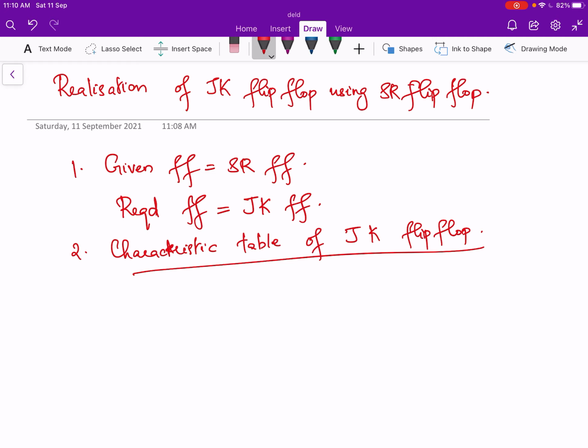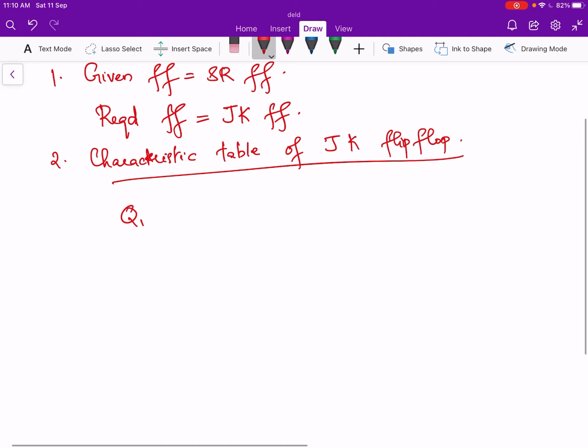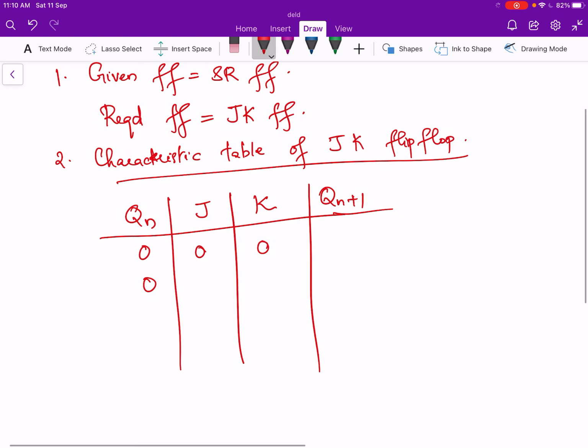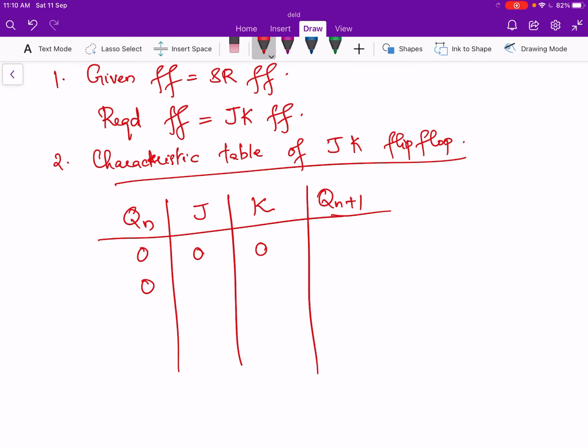We will be writing Qn plus 1 in terms of Qn, J and K. So that is the characteristic table. There will be 8 combinations. JK is the input and Qn is the present state. So we will be writing the next state in terms of present state and J and K inputs.